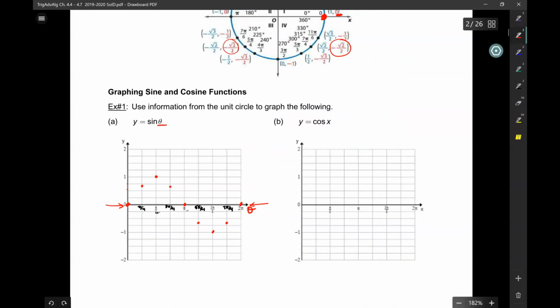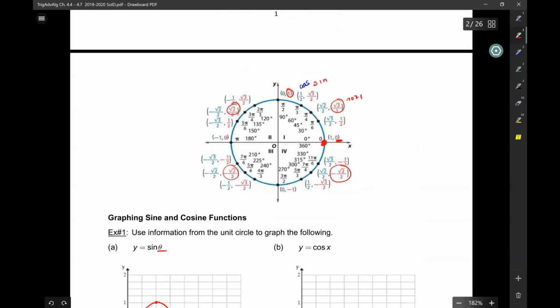So let's plot this. Look at what it looks like. You see what it looks like? That is one cycle of the sine function. How did we get it? We got it from the same values on the unit circle that we've been working with all year long, right?